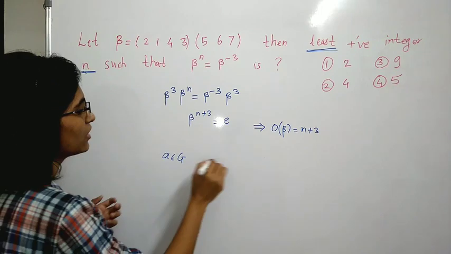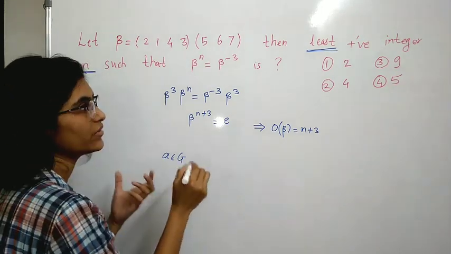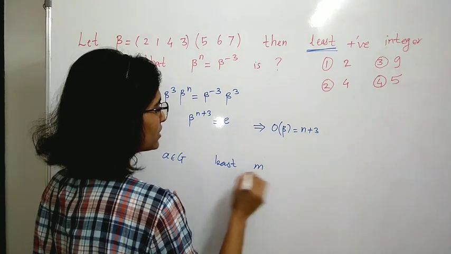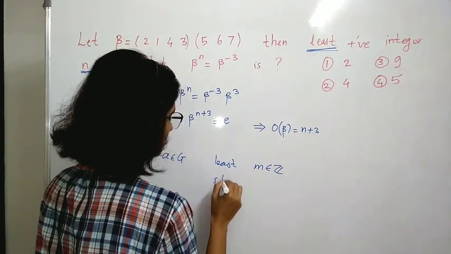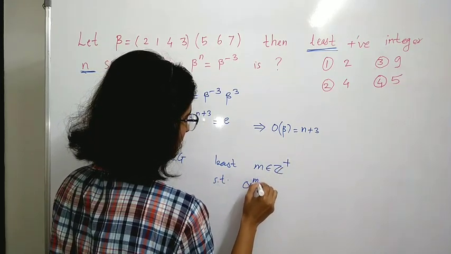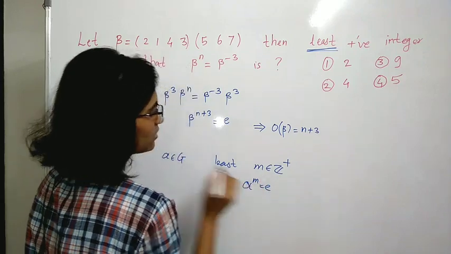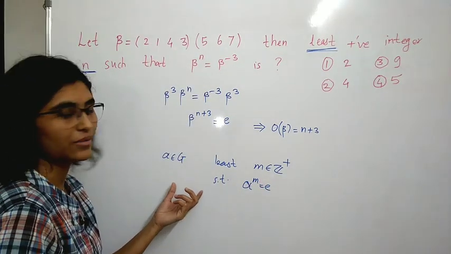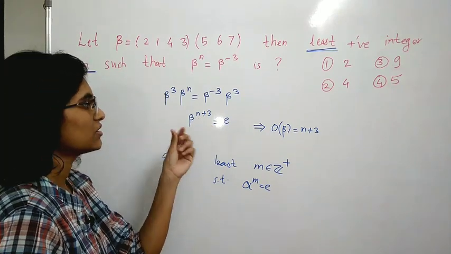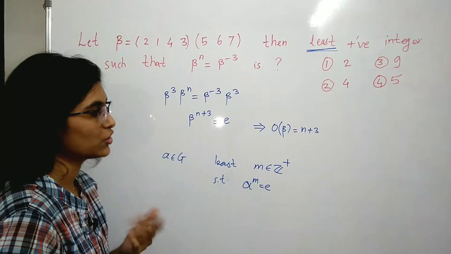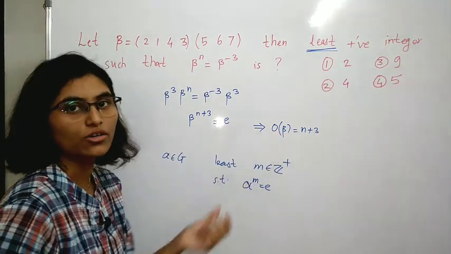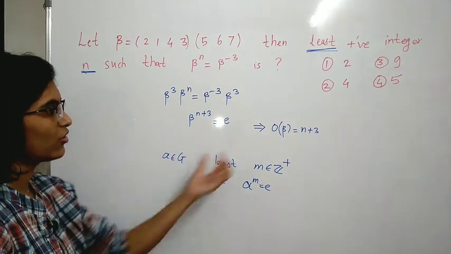It is the smallest positive integer m such that A raised to m is identity. And here we are in the same case. We want the least positive integer n plus 3 such that beta raised to n plus 3 is identity. So we just have to find out what is the order of this beta. Now, how to find the order of beta?